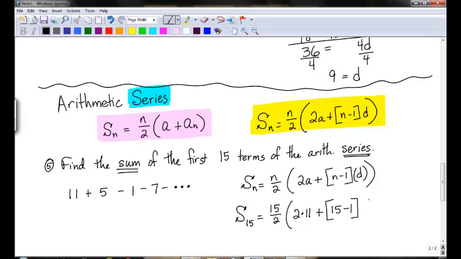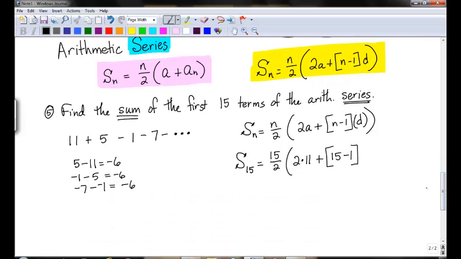You always take the second term minus the first term, in that order, then the third term minus the second term, and so on. You have to be careful how you do that, so you're not getting positive 6; negative 6 is the common difference.